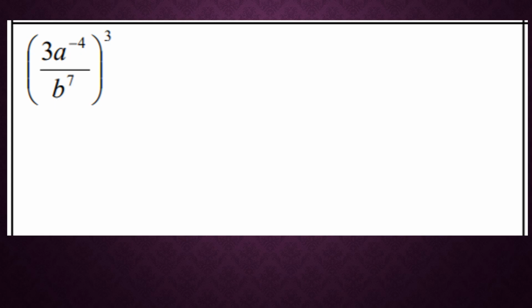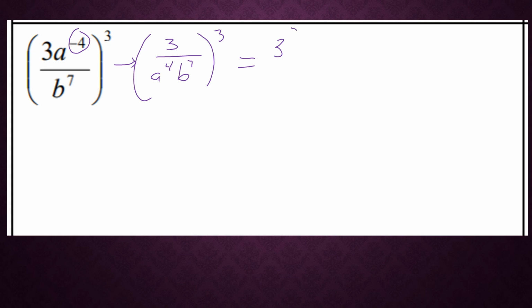First thing I want to do in this one is I do not like that -4 on my a, so we're going to rewrite that and move it to the denominator so that it will become a positive 4. So the 3 is going to stay in the numerator, a to the 4th is going to go down there, and then b to the 7th will stay there. And then we're raising everything to the third power.